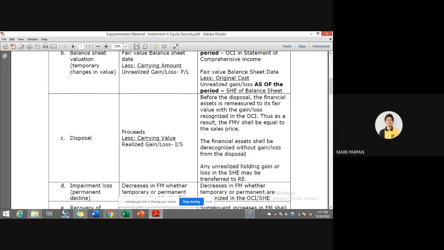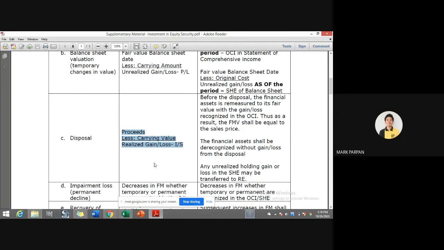So remember this one: remeasure, then sell. Again, that is only for OCI, because for PL it's not that complicated.